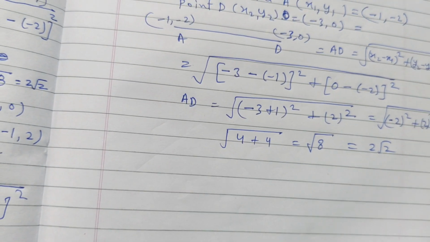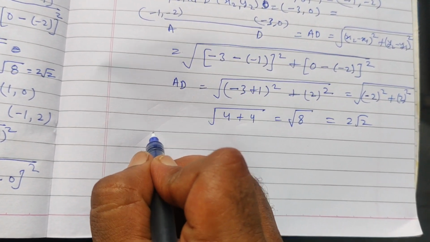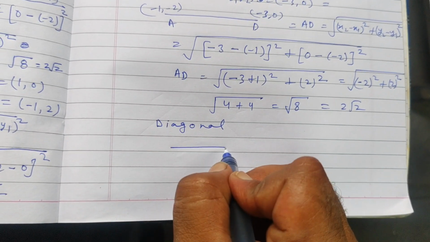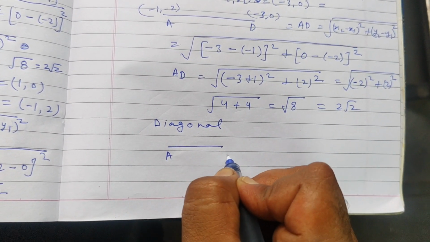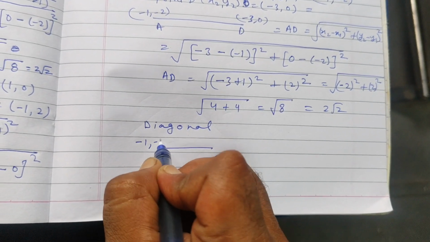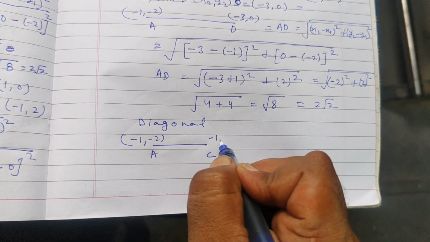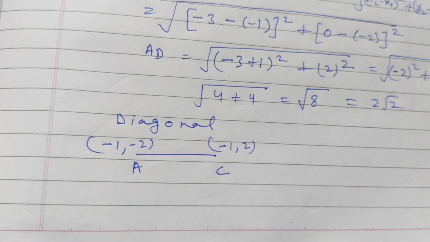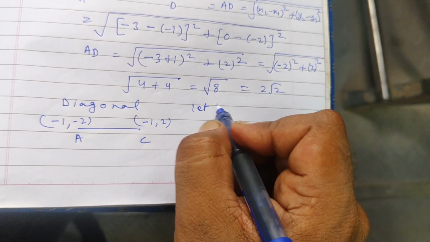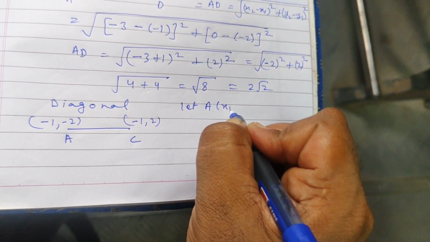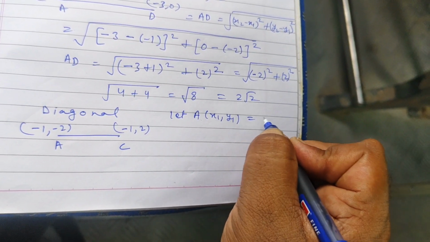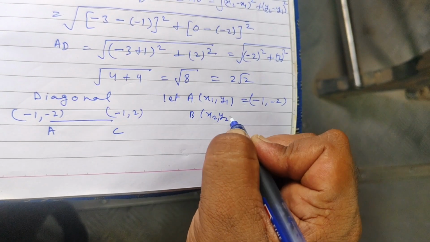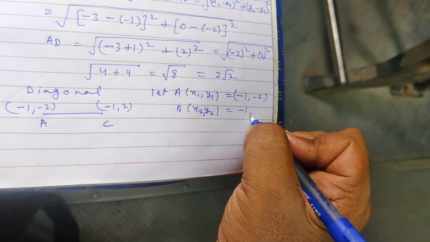Let us check the diagonals. Diagonal AC: A is (-1, -2) and C is (-1, 2). Let A be (x1, y1) = (-1, -2) and C be (x2, y2) = (-1, 2).